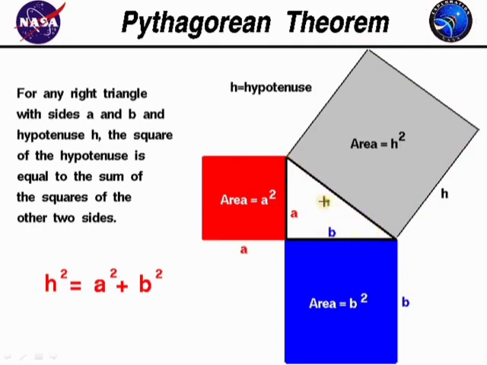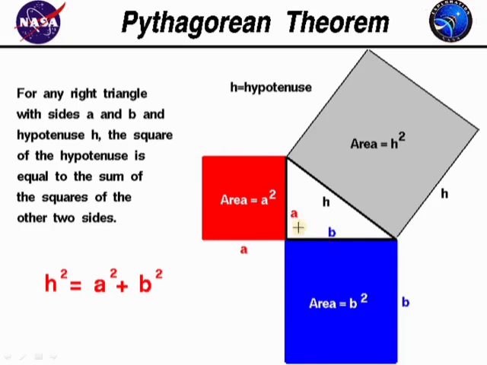Similarly, apart from the hypotenuse, you have two more sides in the triangle. One is this side, and I'm naming this side A, and the leftover side B. Or in other words, you can call this the perpendicular, and this the base. Using these perpendicular and base, again I'm constructing two more squares. Using the perpendicular, I have constructed a red square, and using the base, I have constructed a blue colored square.